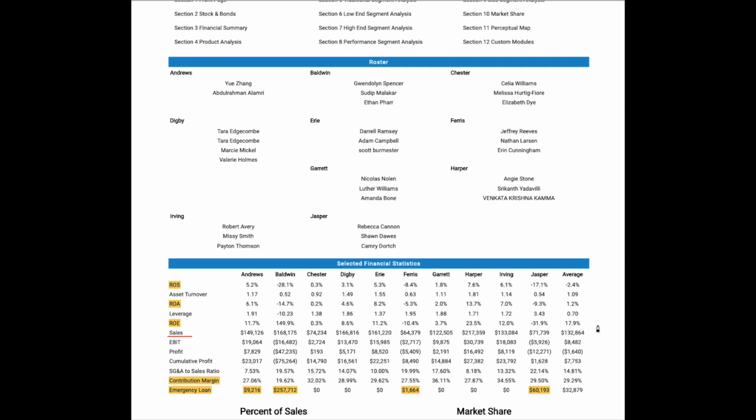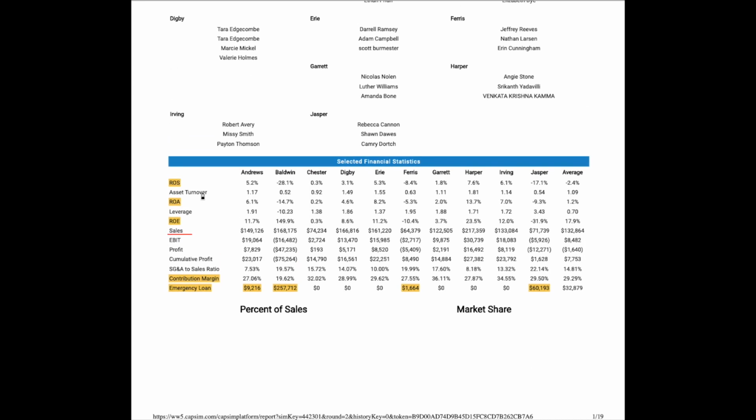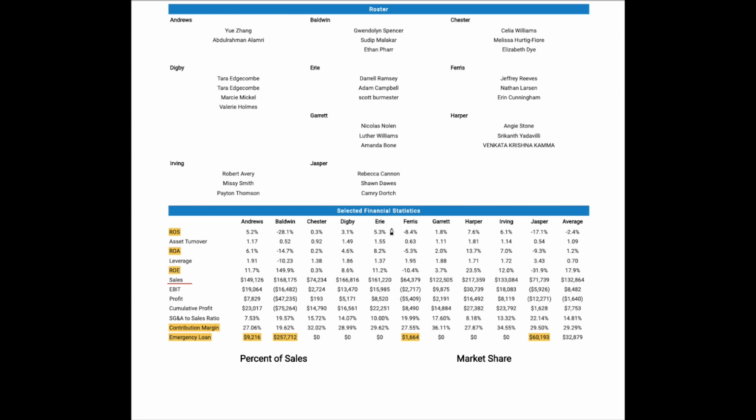At the same time, you can find out what your competitors are doing. At first, you can see this section is very important to give you the general idea of what the teams are doing.